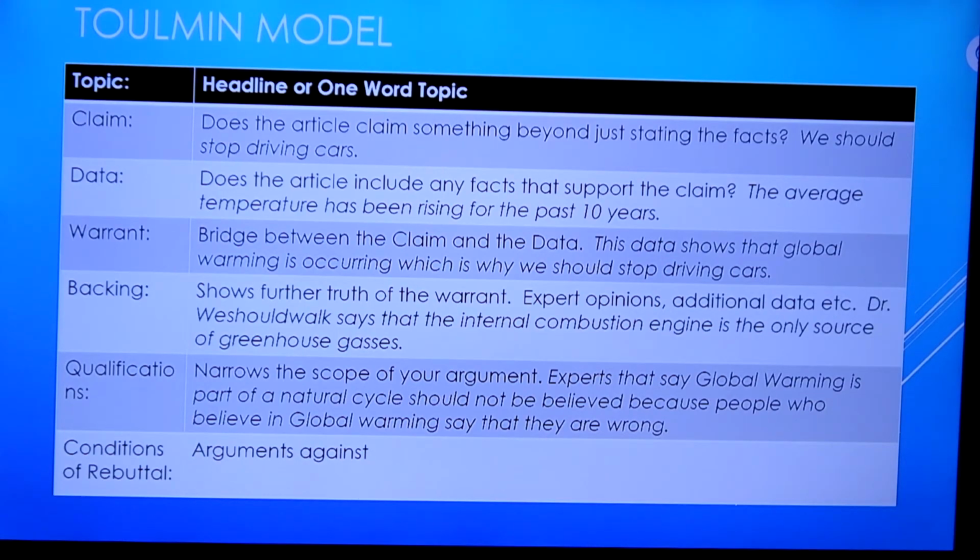It's where you take a claim and some information about the claim, but then you narrow the scope of what you're talking about. So it's like picking one of the arguments that might be against your claim and trying to come up with something to just eliminate that argument before we get started.